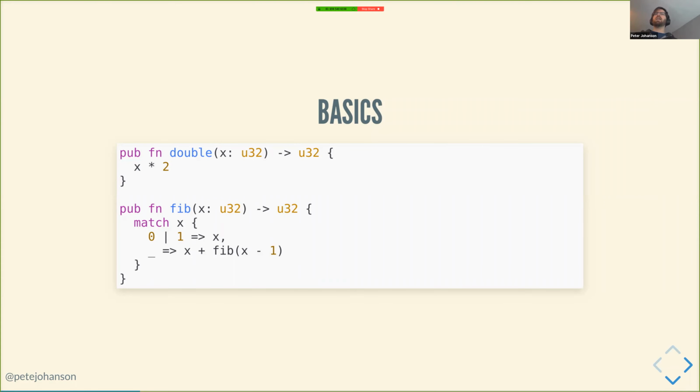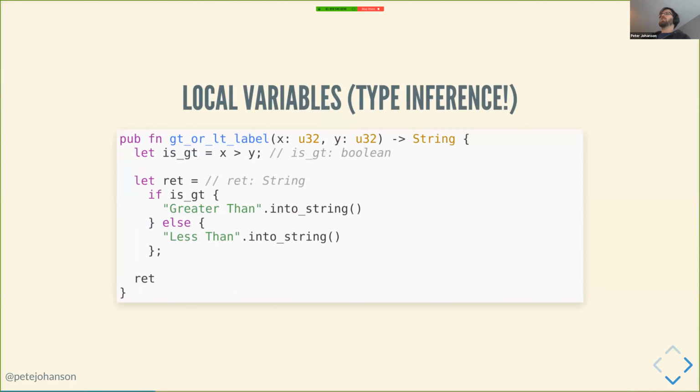The language has the concept of type inference, so it can infer what the types of various values are within a function. So even though we might be very explicit about the typing of our function itself, internally within the function, we don't need to worry about it as much.